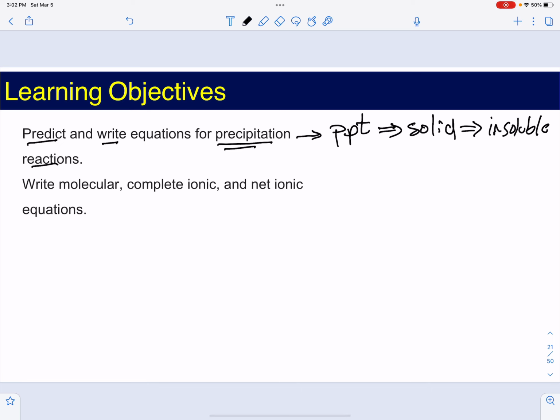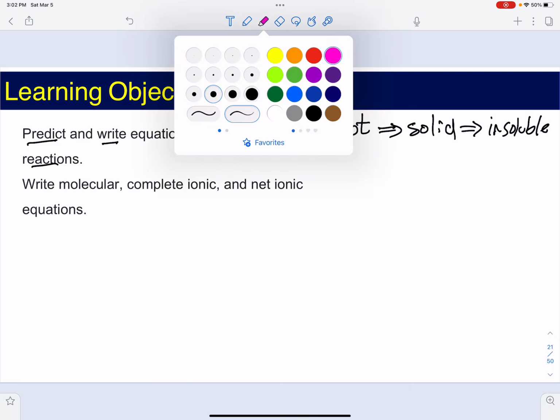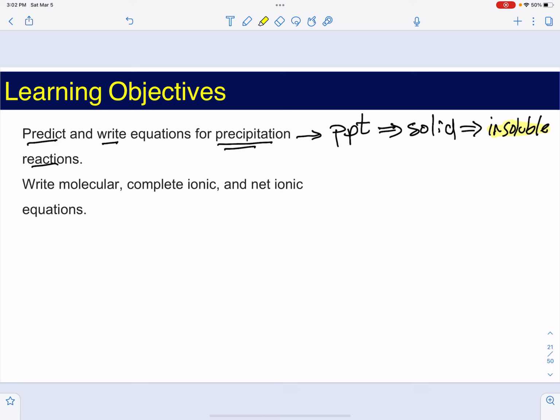So it's the formation of ionic compounds that are going to be insoluble. That's what a precipitation reaction is. And it usually begins with two homogeneous solutions being mixed together, producing a heterogeneous solution, a mixture. And you remember that from chapter 2, if I am not wrong.